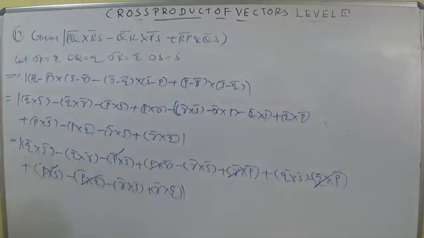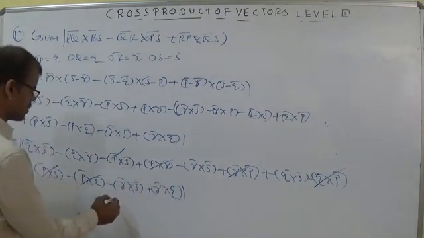Total: next to Q cross S, how many Q cross S are there? Two are there.